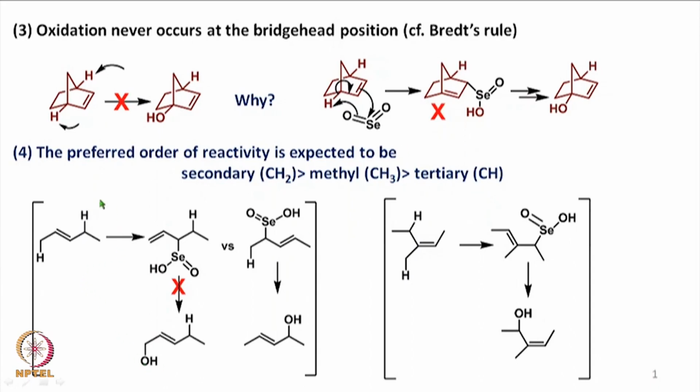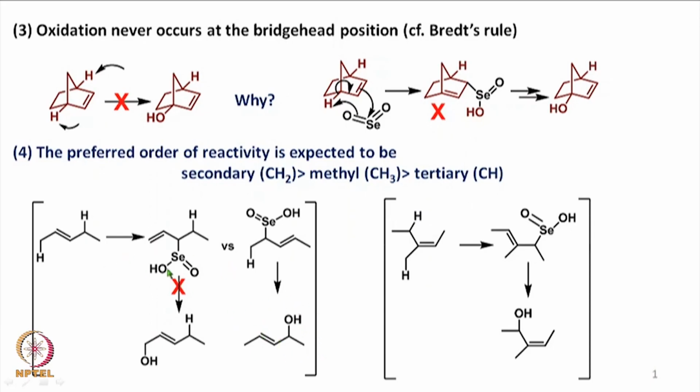Say if we take an example of this kind where there are two possibilities, this is allylic secondary hydrogen and this is allylic methyl hydrogen. If this gets oxidized, we get this particular hydroxy group at this position, and if this position gets oxidized, then we get this allylic hydroxy molecule.